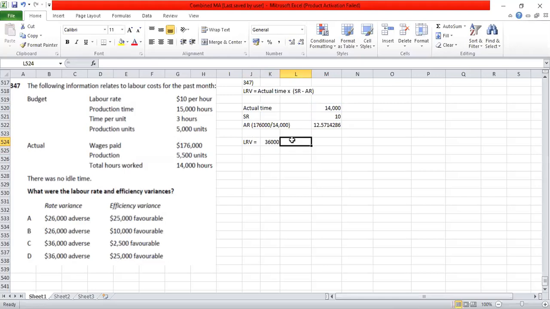We got it as 36,000. What do we see here? The standard rate is only 10, but the actual rate is 12.57. That's quite high. The rate should be 10, but they paid at the rate of 12.57. In terms of cost variances, the actual should be less than standard. But here we see that the actual is more than the standard. So whenever it is more than standard, this becomes an adverse variance.